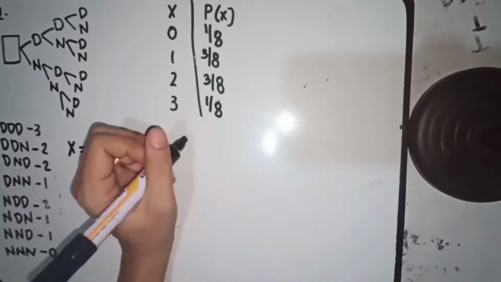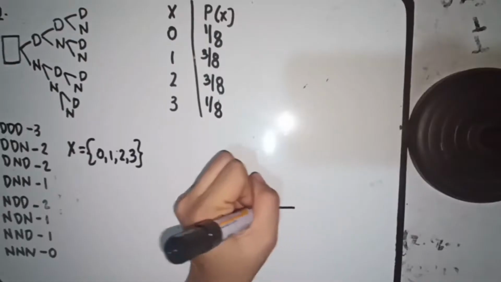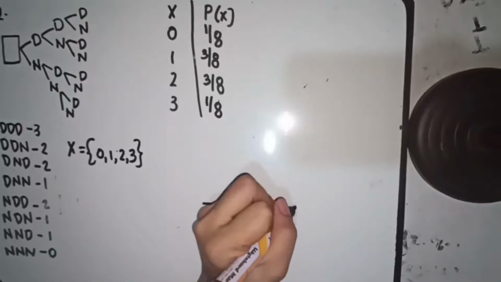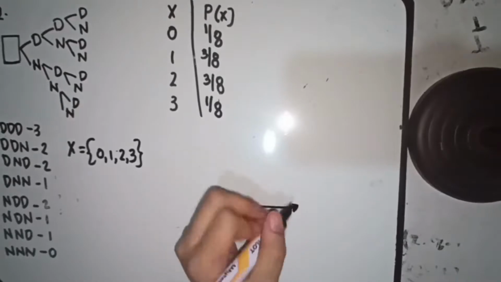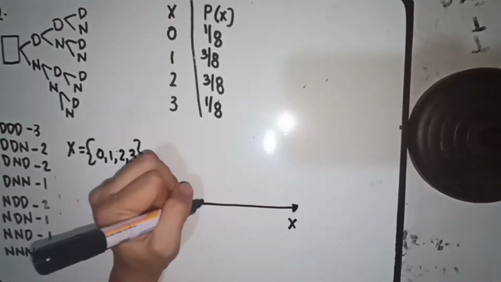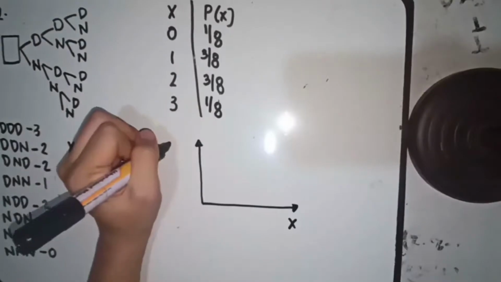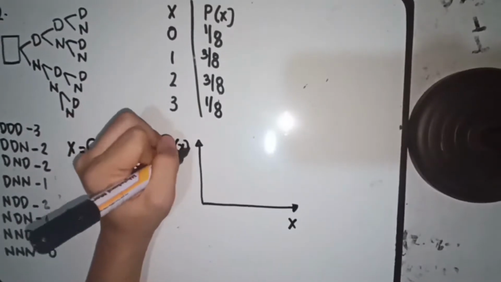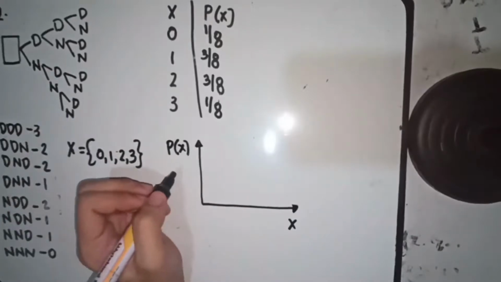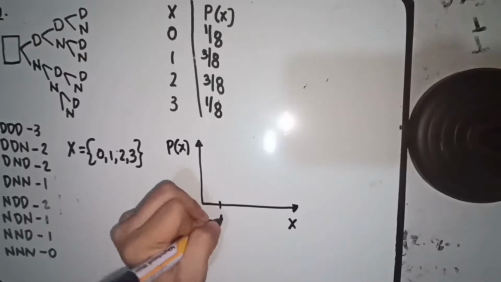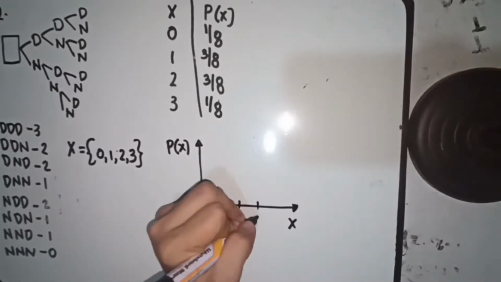And for the histogram, again, the horizontal line will be the values of our random variable x, and the vertical line will be the probabilities, p of x. So we have 0, 1, 2, and 3.